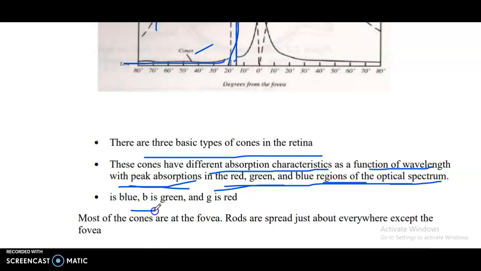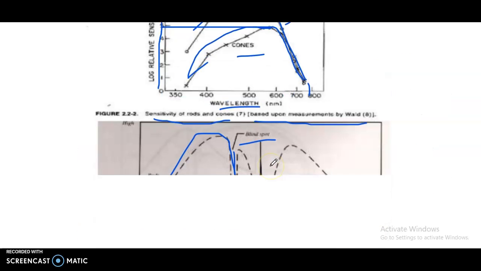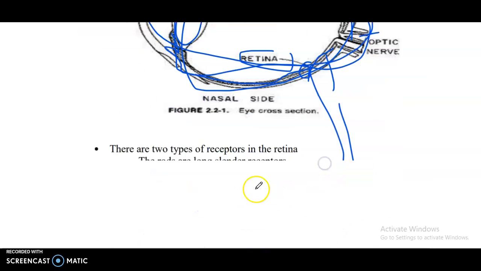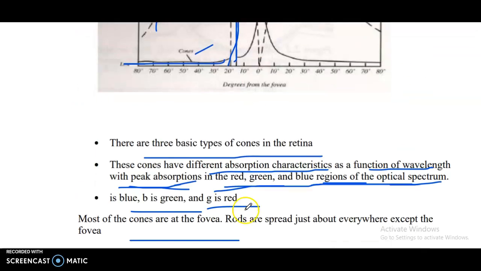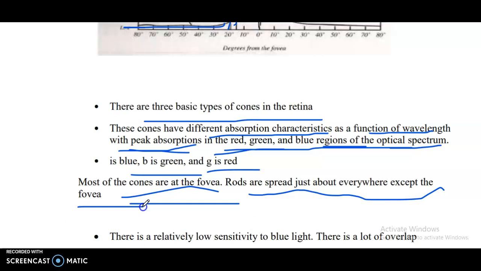Most of the cones are in the fovea. Rods are spread just about everywhere except the fovea.